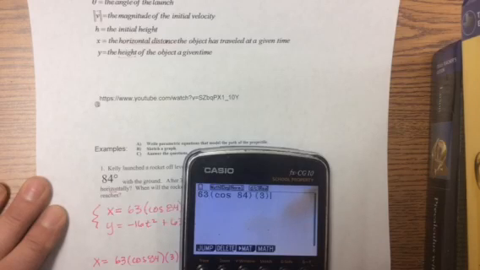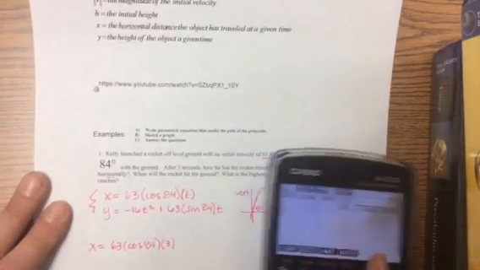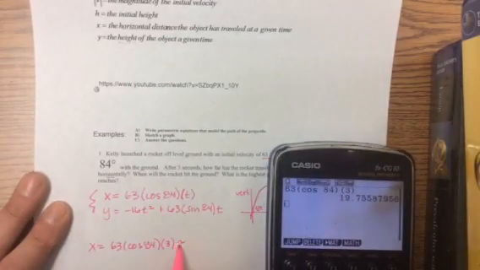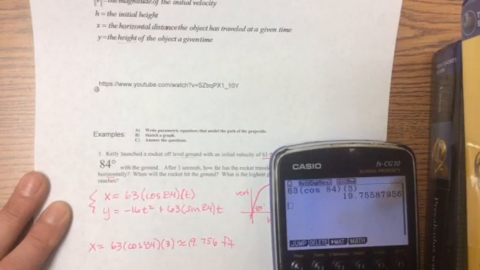Okay, and the parentheses show multiplication. So that's 19.756 feet. Okay, so this is going to be approximately 19.756 feet.